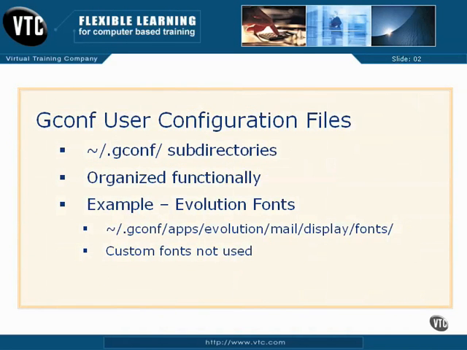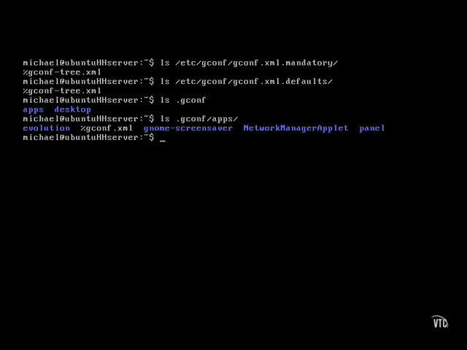User configuration files are organized functionally. For example, user fonts for the Evolution Personal Information Manager are stored in the user's home directory in the .gconf/apps/evolution/mail/display/fonts directory.